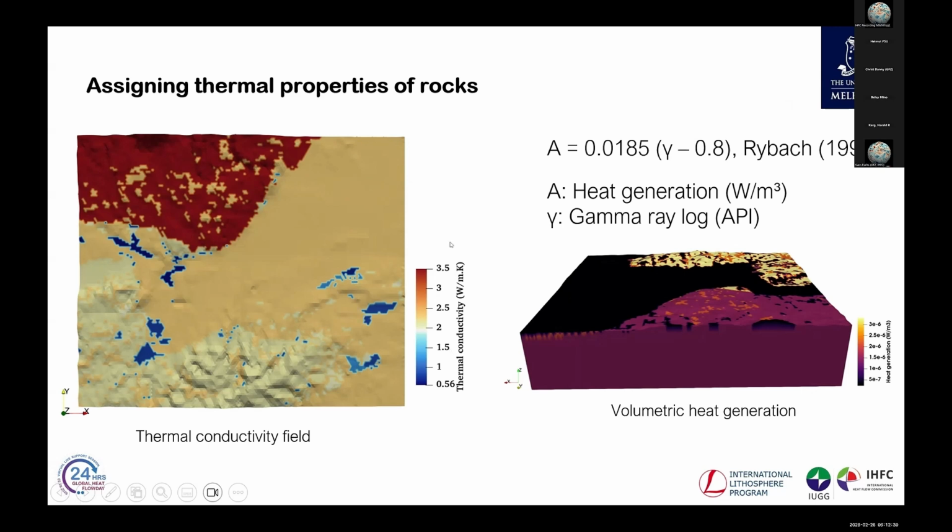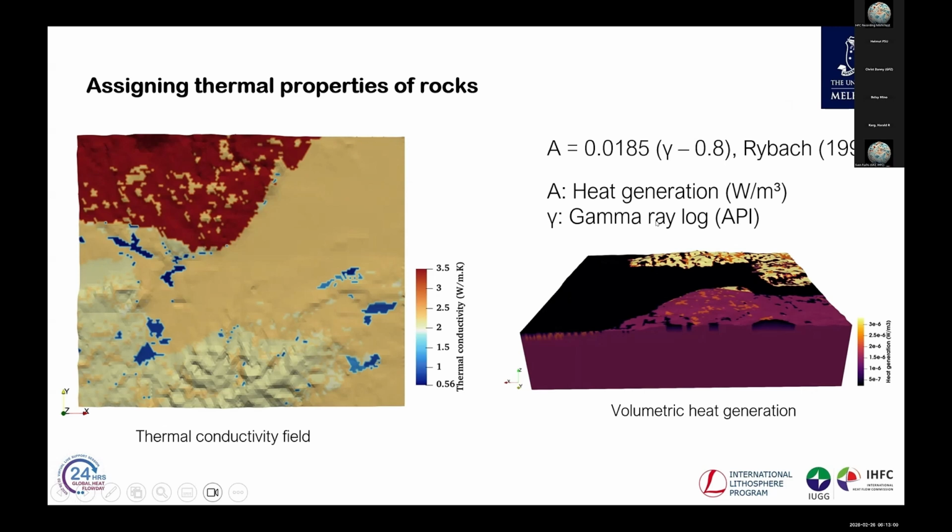The other thermal value of the rock unit is heat generation, which is generated due to the decay of radioactive elements such as uranium, potassium, and thorium. We can easily calculate the volumetric heat generation from each stratigraphic unit by using this formula from these references.